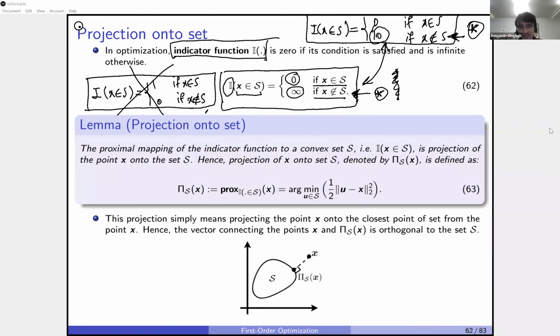So in optimization, we are saying try to belong to the set S, otherwise I will penalize you. In this case, I will say, if you don't belong to the set S, I will kill you. Why? Because when you are minimizing a function f, we are summing this regularization term into the function f, in the objective function.